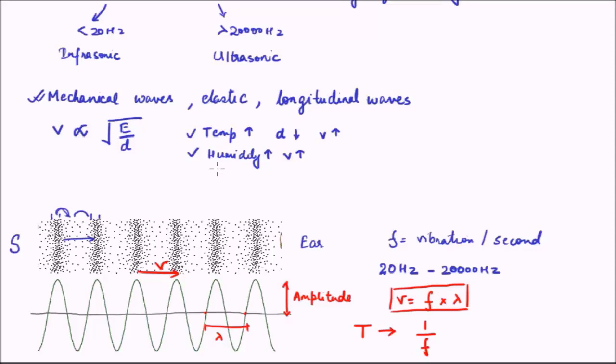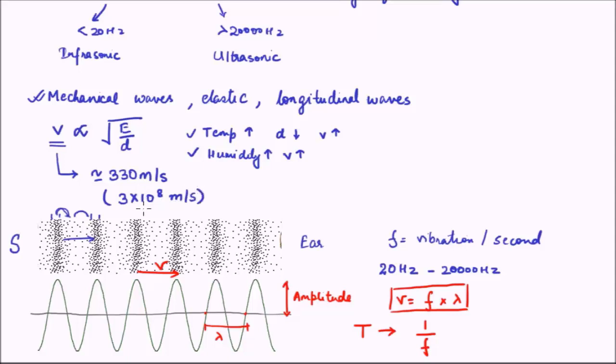But a point of difference is that this velocity will depend on the material, and the velocity is far less than the velocity of a light wave. The normal order of velocity of a sound wave in air is approximately 330 meters per second. This is far less compared to the velocity of light, which was 3 into 10 to the power 8 meters per second. No way comparable.